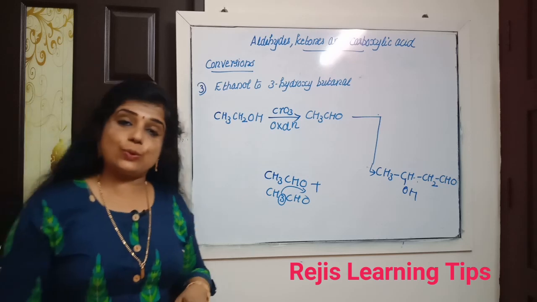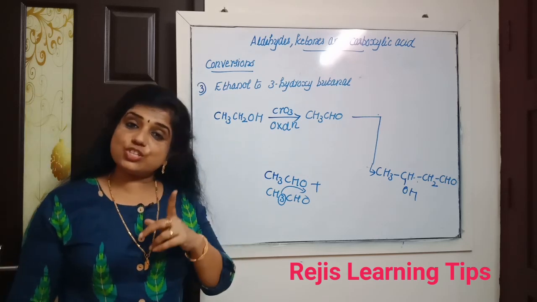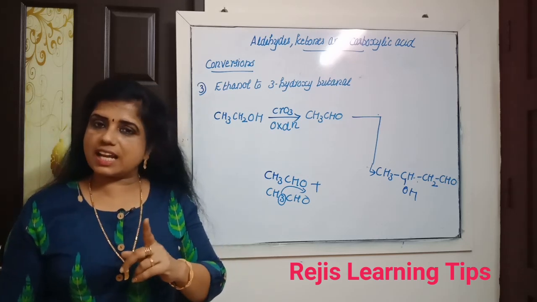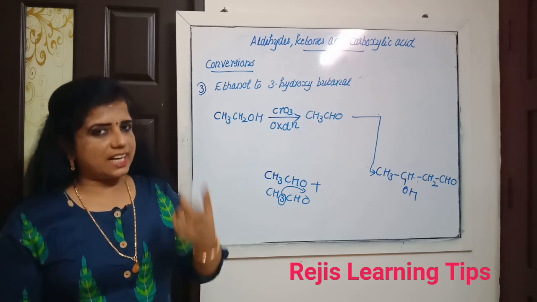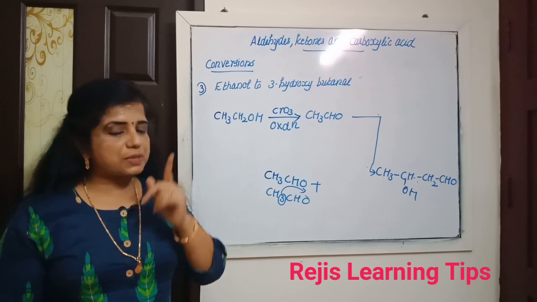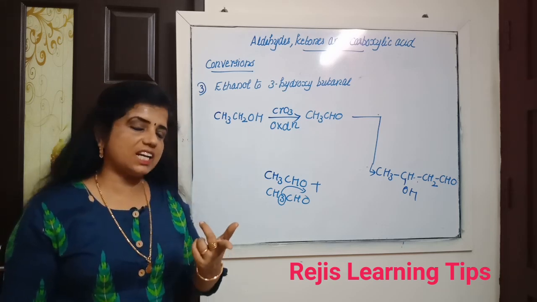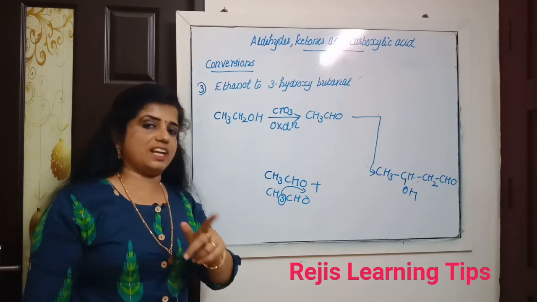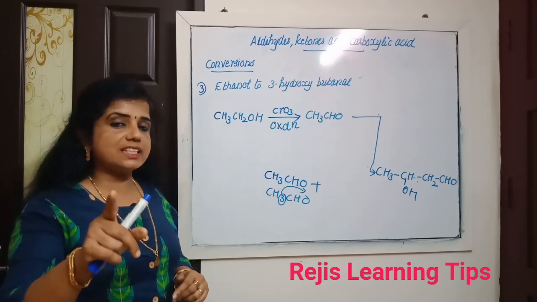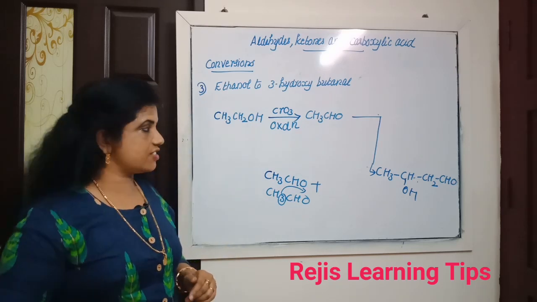Aldehydes and ketones having at least one alpha hydrogen atom undergo aldol condensation. In the presence of dilute alkali, we will get beta-hydroxybutanal. That is the intermediate step in aldol condensation.